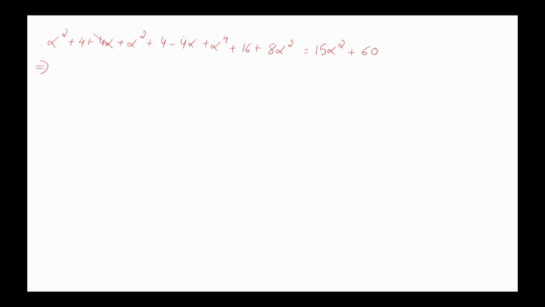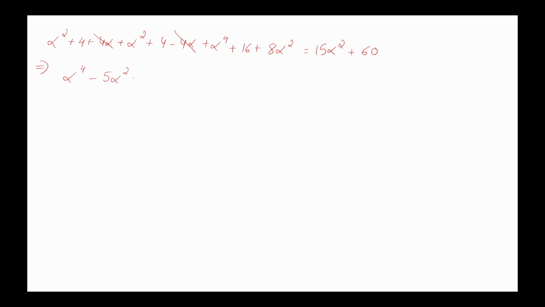So from here, 4 alpha minus 4 alpha gets cancelled out. We are going to have alpha to the power 4. And here we would have plus 8 plus... 10 alpha square this side, so this would become minus 5 alpha square. And now we would have 4 plus 4, 8, plus 16 makes it 24.